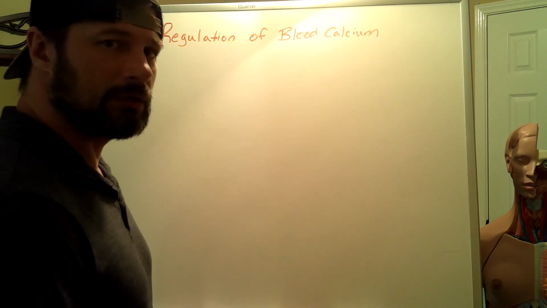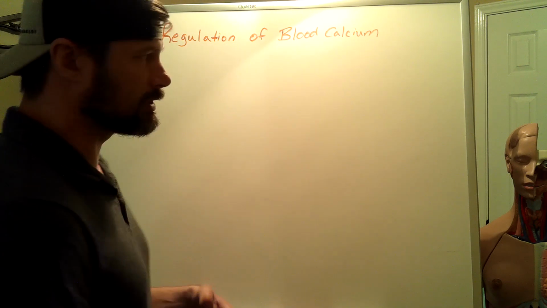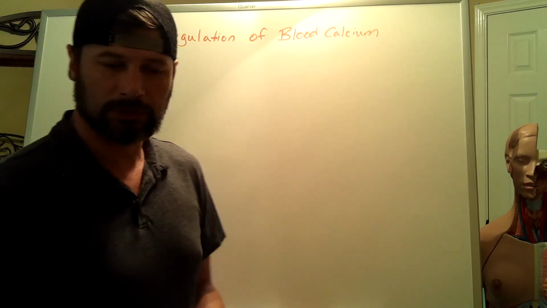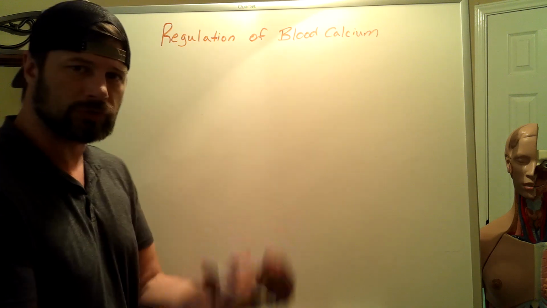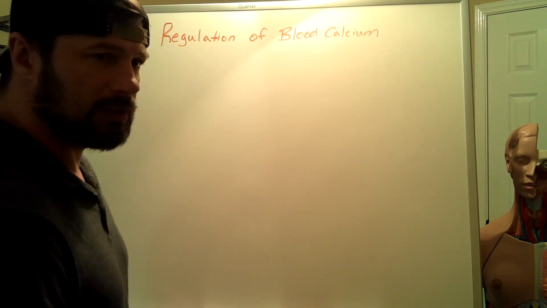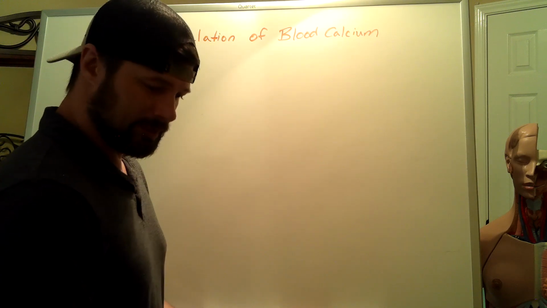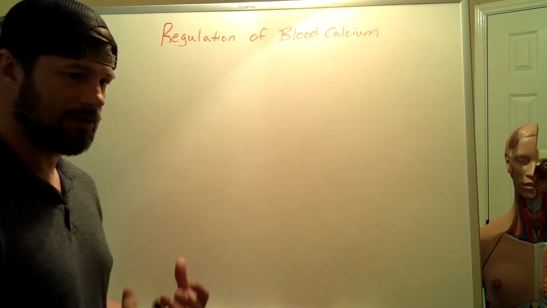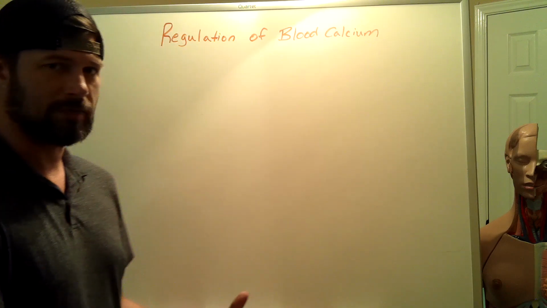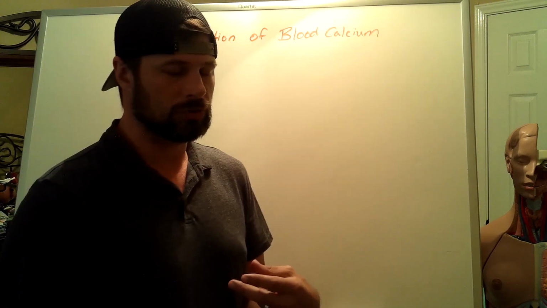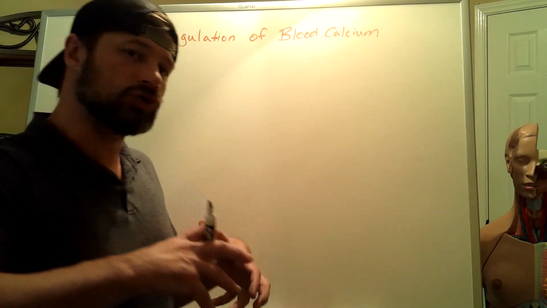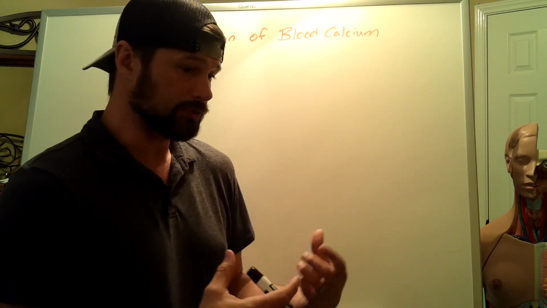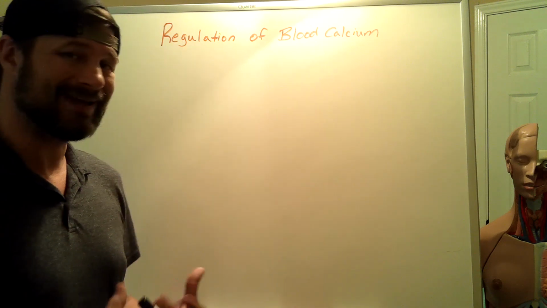And what this portion of the lecture is going to focus on is how we regulate that blood calcium. Calcium is so critical in so many different functions, from exocytosis to heart function, both the heart rate, we're going to learn more about that in Anatomy and Physiology II, and the contraction and relaxation of muscles, the heart muscle, but also smooth muscles and skeletal muscles.